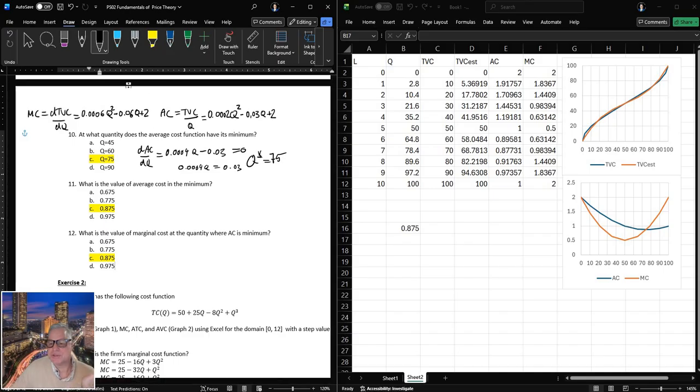And we could do the same thing if we calculated the intersection of those two, but that would be cumbersome, because we know that the minimum of the average total cost and the average variable cost is always where it intersects the marginal cost.